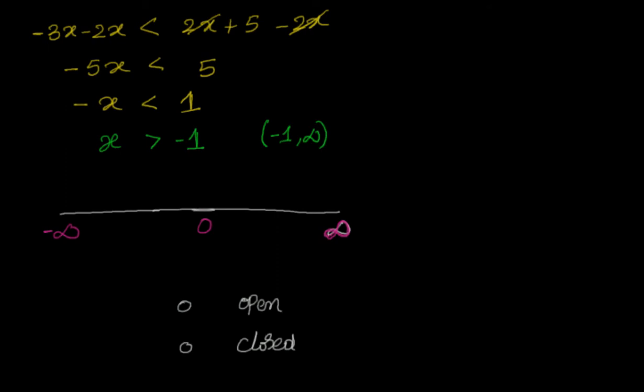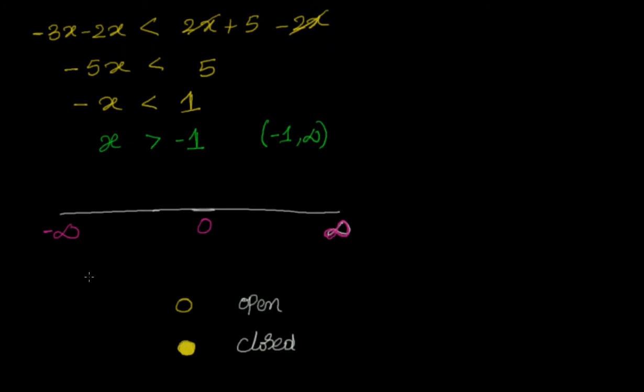If it is an open interval, we just put a circle there. But if it is a closed interval, we completely fill the circle with color. That's the difference between the open and closed interval.